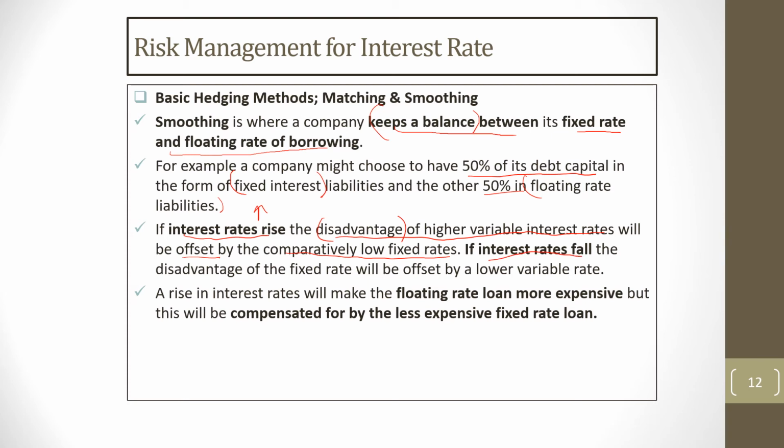If the interest rate falls, the disadvantage of the fixed rate will be offset by a lower variable rate. Itu yang dimaksudkan. So a rise in the interest rate will make the floating rate loan more expensive, and this will be compensated for by the less expensive fixed rate loan.